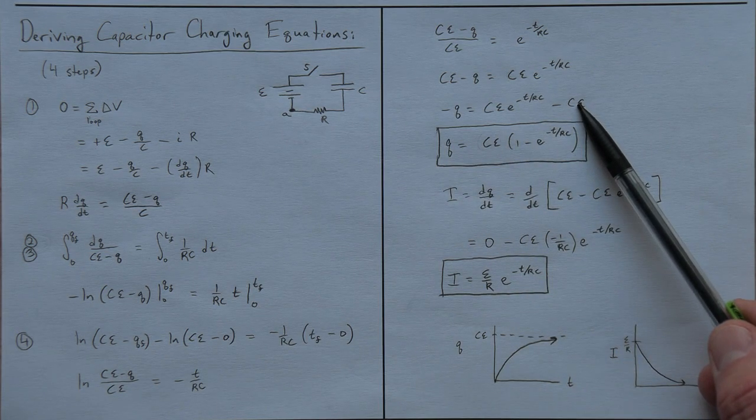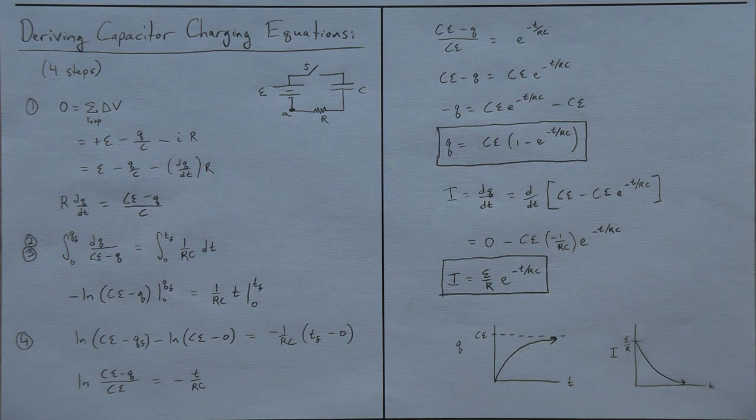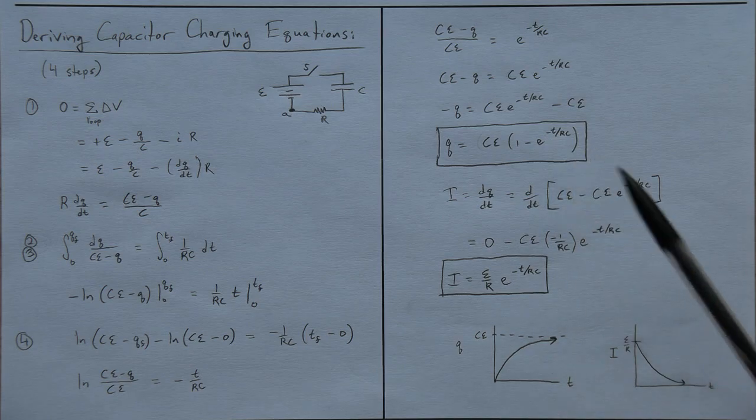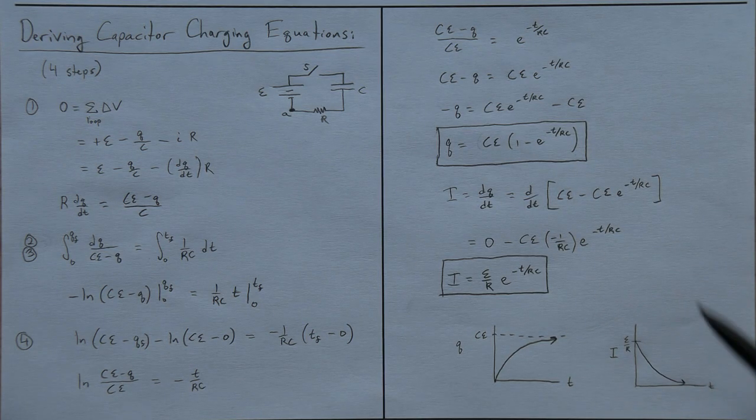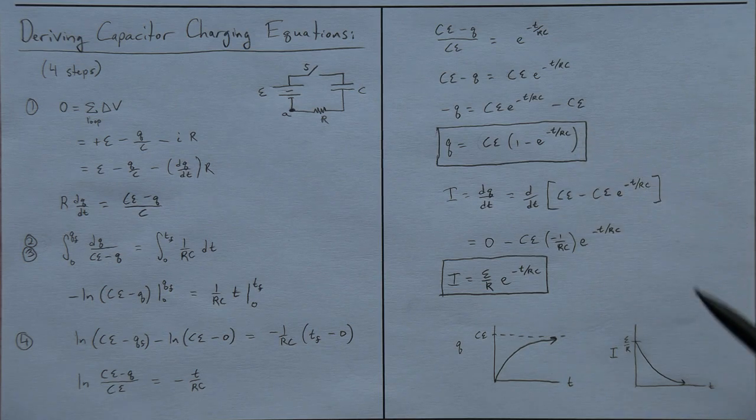That makes this first and this exponential second, and then I factor out the C times EMF. There is the charging equation. Again, a reminder that RC can be replaced by tau. So tau is equal to RC. We could rewrite it like that.